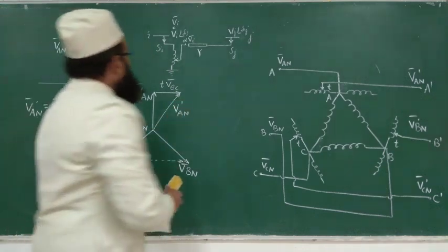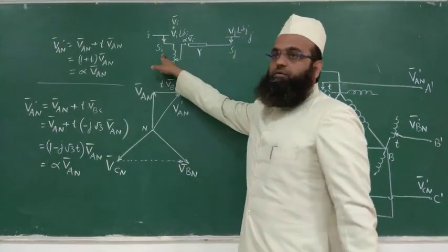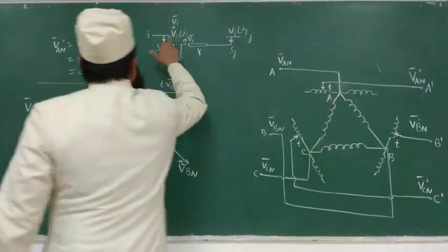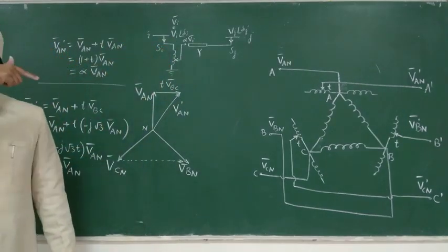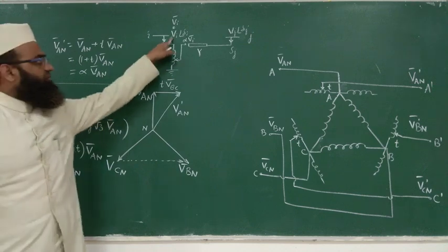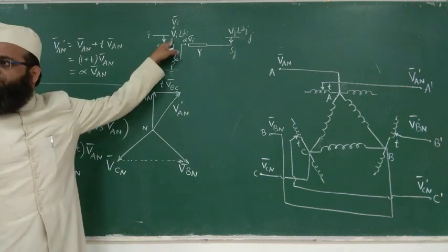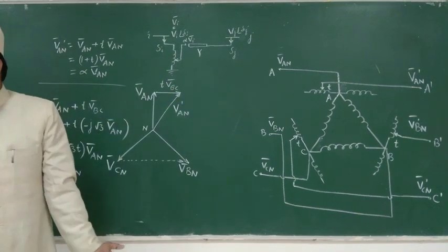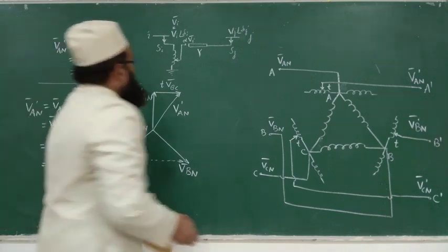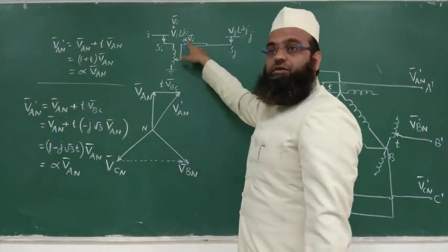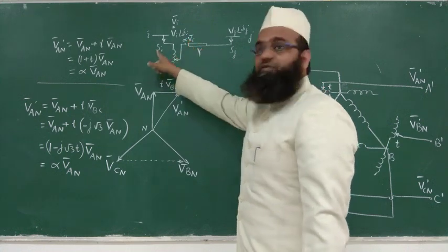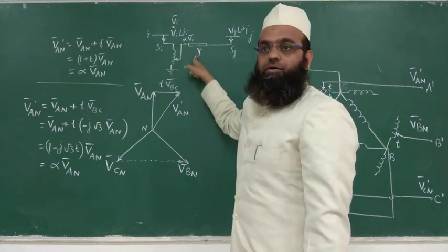Suppose you are writing this Si, so Si will be nothing but Vi Ii star. Ii currently is there, right? Corresponding to this Si and Vi, you know what is Ii, because Si equals Vi Ii star, right? Corresponding to this, now the apparent power will be corresponding to this. So Ii will be modified now.